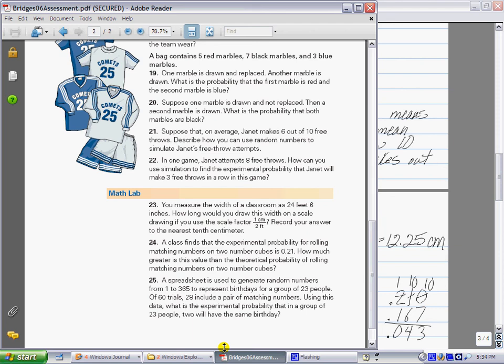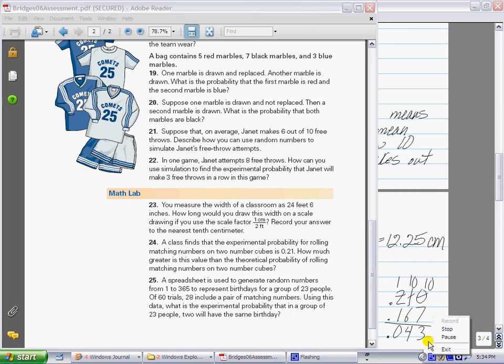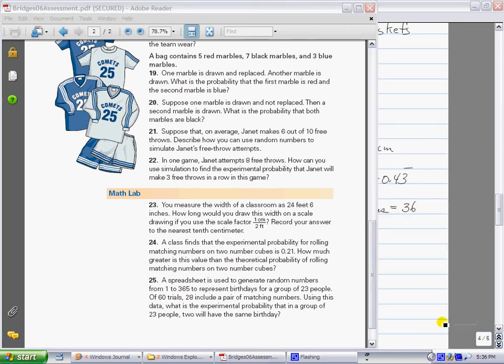So for number 25, the important information that I need to look at is the fact that there were 28 trials that included a pair of matching numbers. That means that there was an outcome in our experiment where somebody would have a birthday that's the same as someone else's.